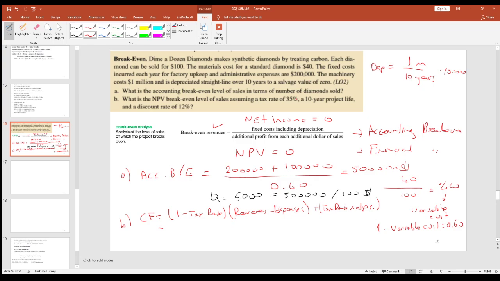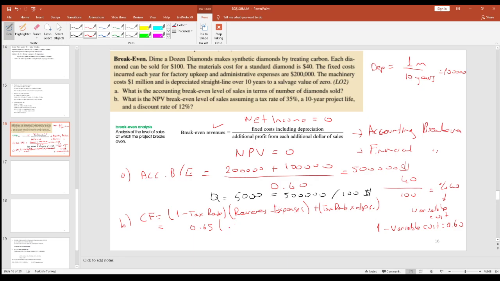Your tax rate is 35%, so this is 0.65. What's your revenue? You don't know the quantity, but you know the price here. So let's denote Q as the number of diamonds sold.